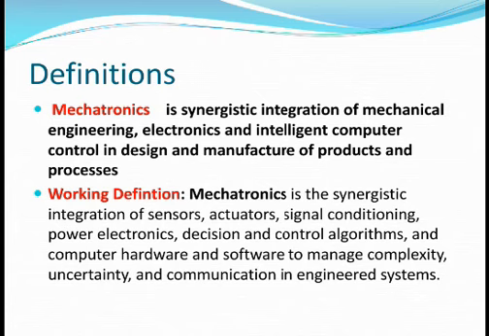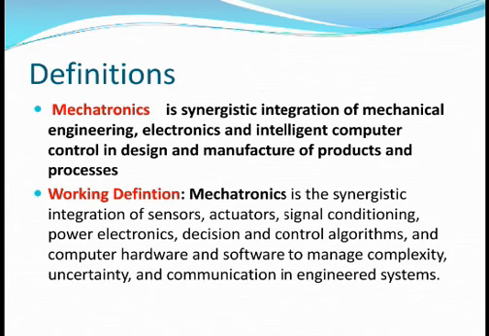But somewhere in the operation process, we need the integration of these both like mechanical engineering, sometimes computer also, and nowadays we require all the three so that the products manufactured are operated in an efficient way.